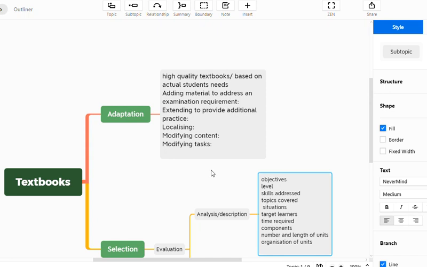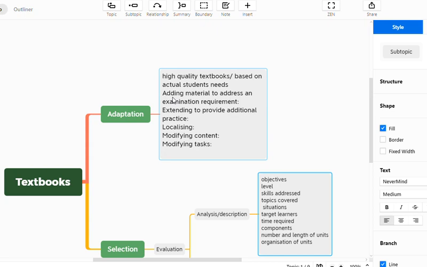But why do we adapt? We adapt because the textbooks have been written for, for example, global students, but our students are specific groups of students. We need to adapt the textbook based on the needs and purposes of our students.